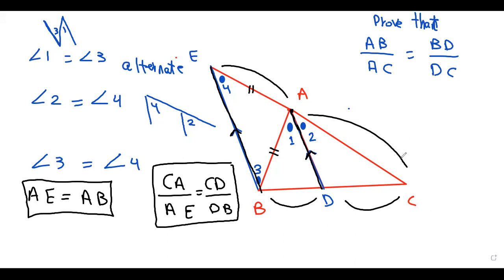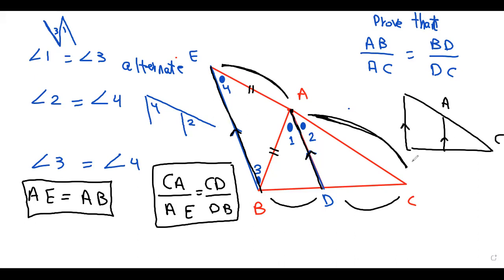Once again, because I have two parallel sides in a triangle, we can apply proportional parts, which are CA, this is the first part, over AE, the second part. Just to imagine it well, I will draw a small triangle in this room, and this is CA.